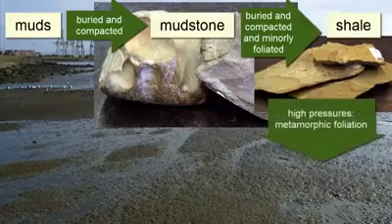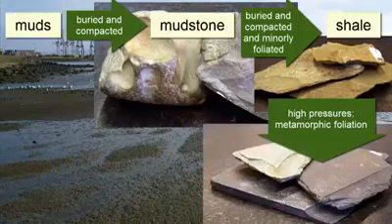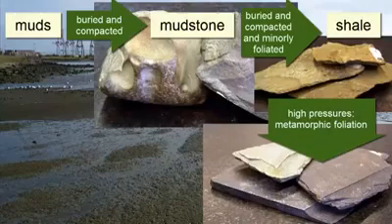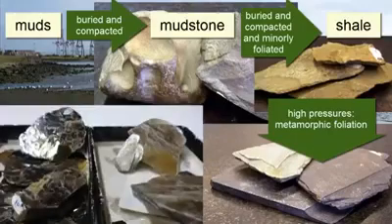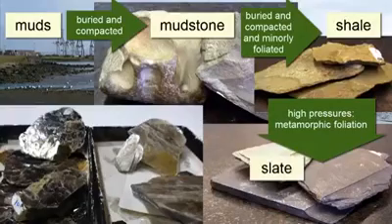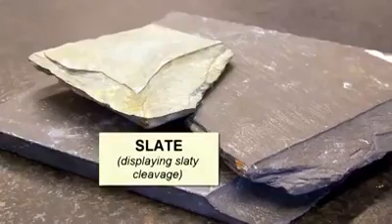A bit more compression moves us into the metamorphic realm. The clays are beginning to change chemically into other sheet silicates, such as chlorite or muscovite or biotite. These perfectly aligned microscopic sheet silicates give the rock slaty cleavage, and the rock is called slate. You can see how dense it is.